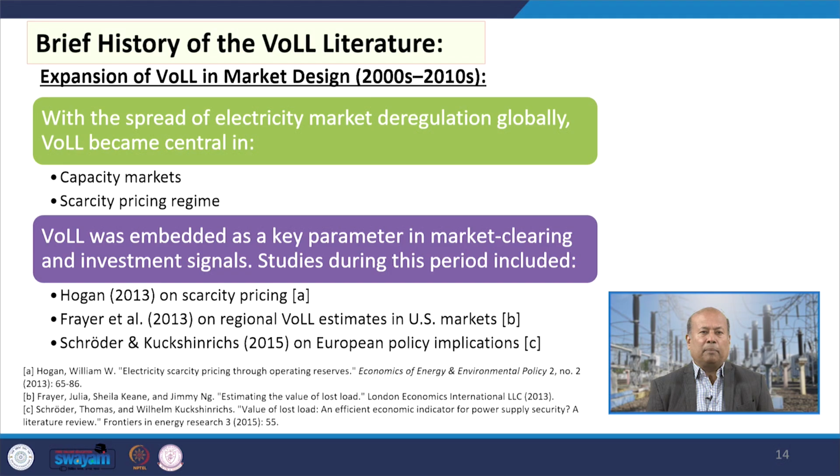VoLL was embedded as a key parameter in market clearing and investment signals. Studies during this period include Hogan 2013 on scarcity pricing, Fryer et al. 2013 on regional VoLL estimates for the US market, and Skorder and Cooksenkris 2015 on European policy implications.